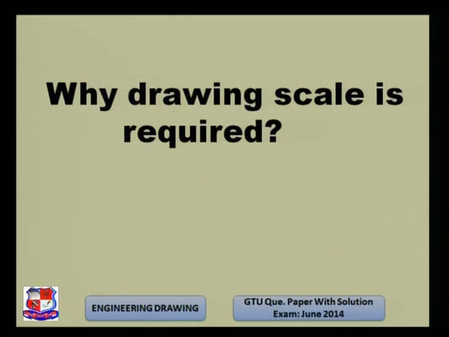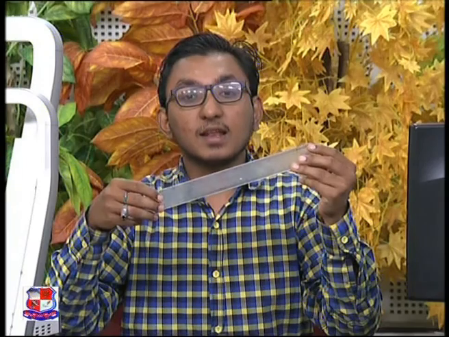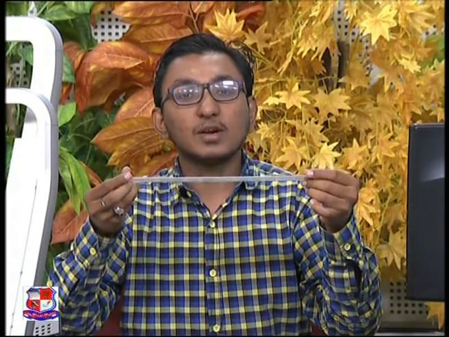The question asked why a drawing scale is required, and what they have written is that this is a drawing scale, this kind of drawing scale. What do you mean by this? This is a plastic scale to draw the drawing. What is the drawing scale? It is very important for engineering drawing that you understand what the drawing scale is.